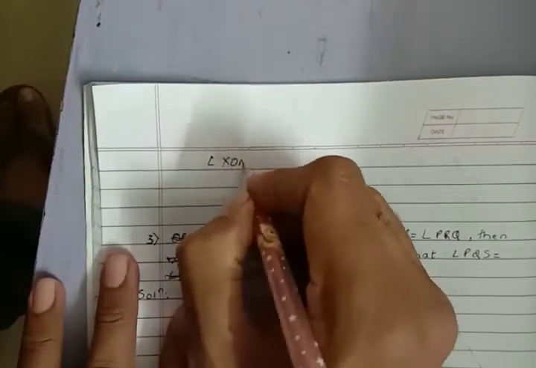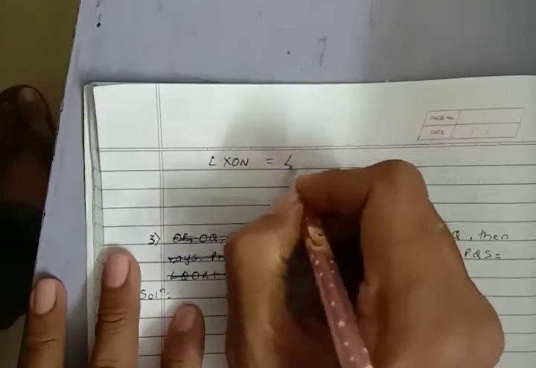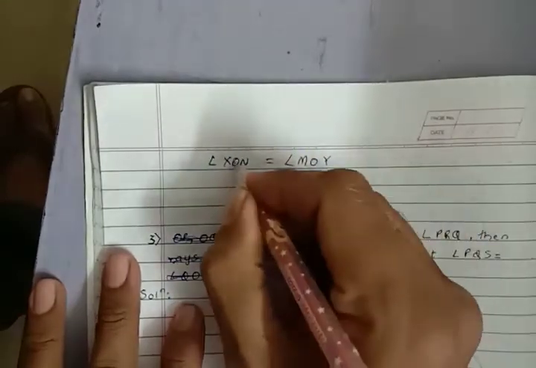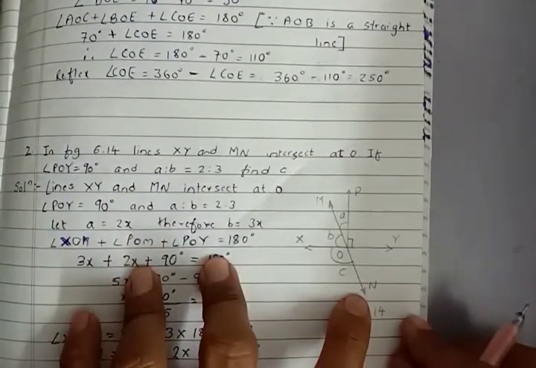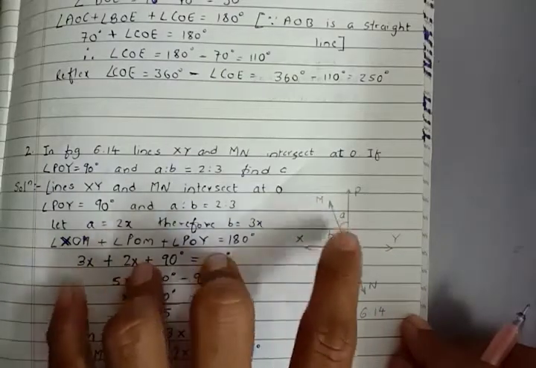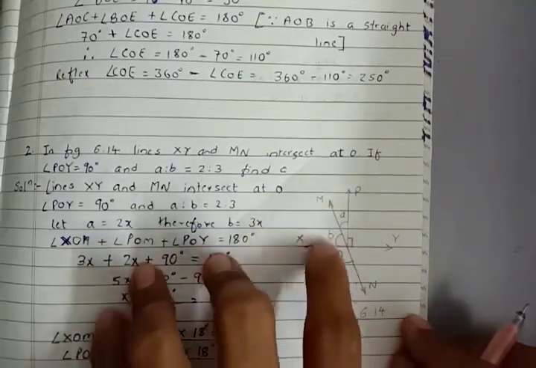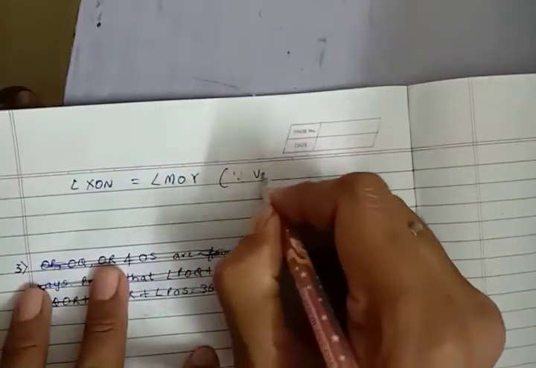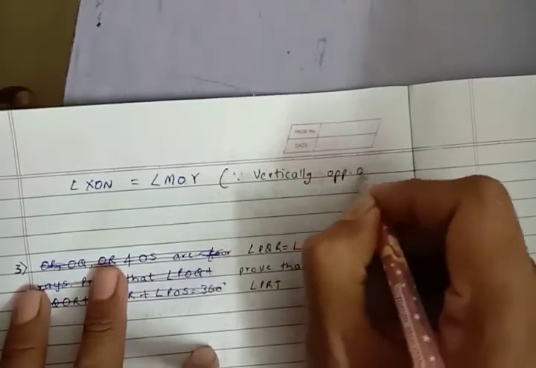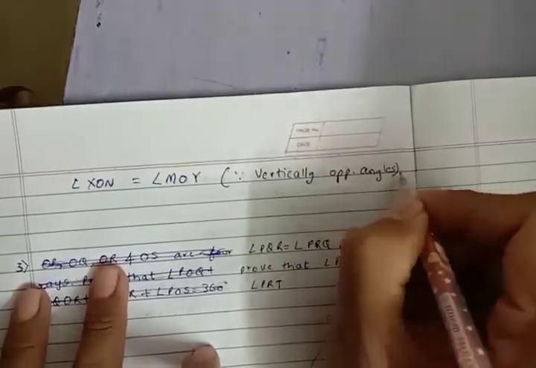Angle XON is equal to angle MOY. How did we write this? That angle XON is equal to angle MOY because they are vertically opposite angles, right? So we will have to write the reason because of vertically opposite angles, right?